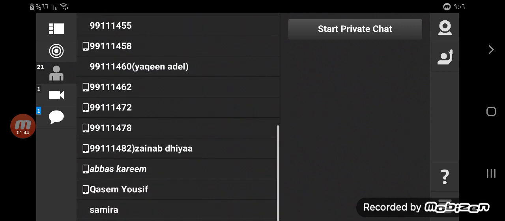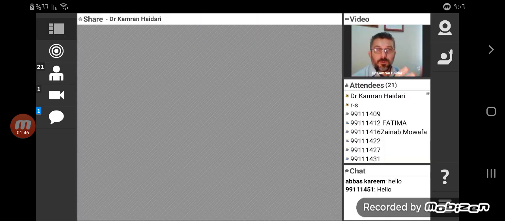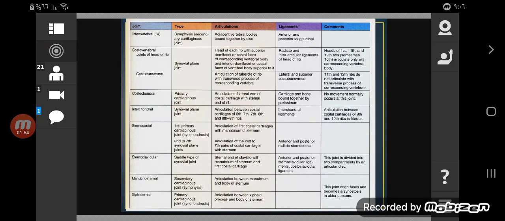And if you remember the types of the cartilaginous joint in the human body, we've got two types of the cartilaginous joint: primary and secondary. As you see in this picture, secondary is symphysis, and the primary is like the costochondral joint.